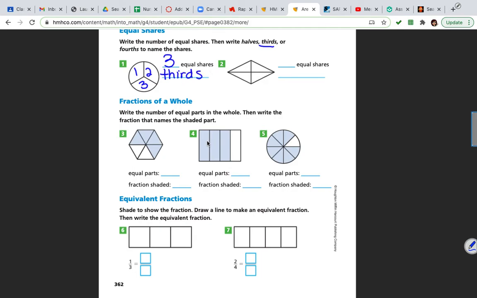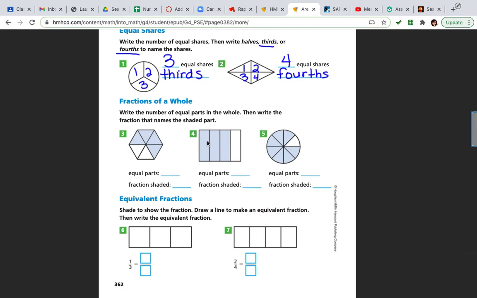Number 2, we have 1, 2, 3, 4 equal shares. So this one would be fourths. F-O-U-R-T-H-S. Fourths. All right, 3, 4, and 5, they want us to write the number of equal parts in the whole, then write the fraction that names the shaded part.